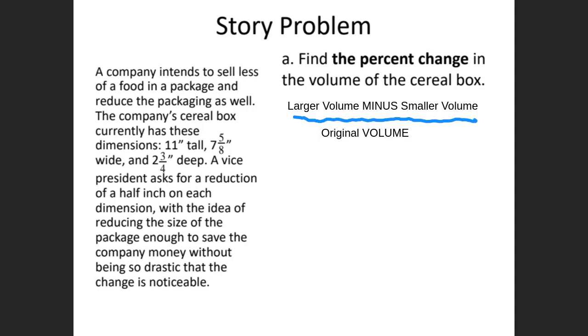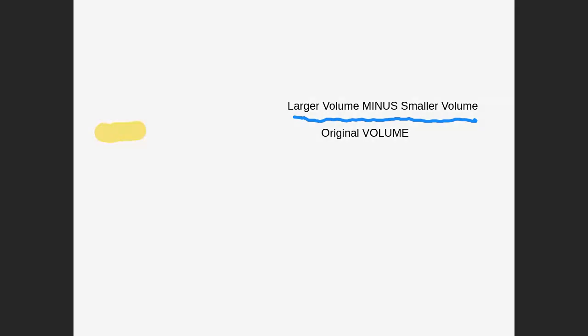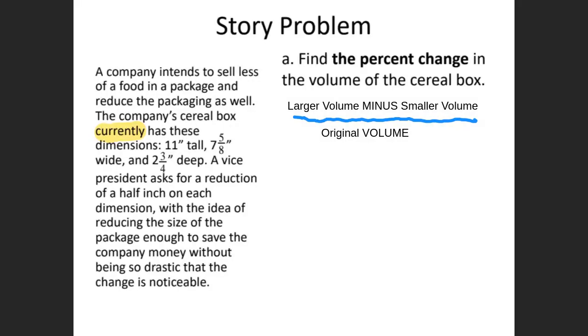The company's cereal box currently, and that's a key word here, currently has these dimensions: 11 inches tall, 7 5/8 inches wide, and 2 3/4 inches deep. A vice president has asked for a reduction of ½ inch.